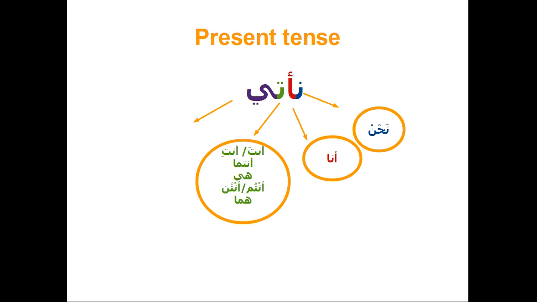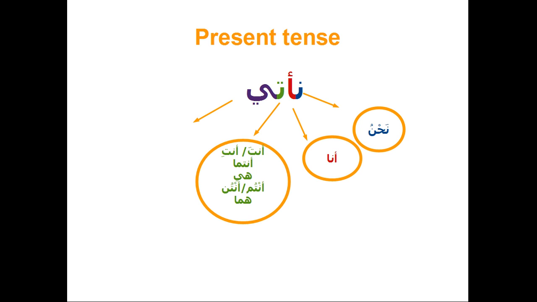The verb starts with تاء when it comes with one of the following pronouns: أنت, أنتِ, أنتما, هي, أنتم, أنتن, هما.